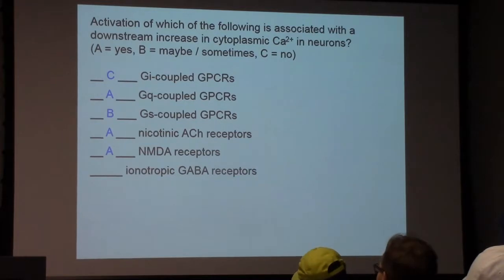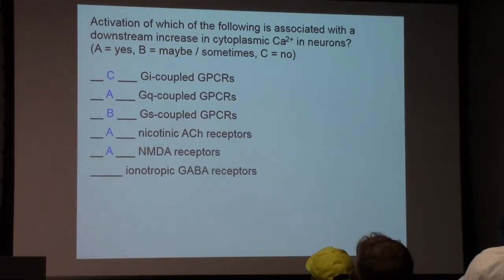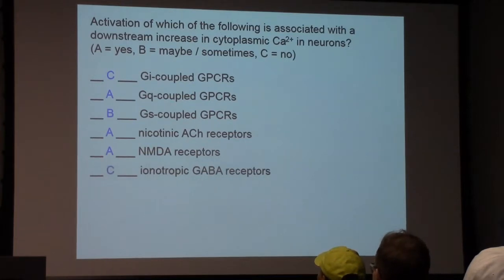What about ionotropic GABA receptors? Many of you are not showing me your answers. Does that mean you don't know, or are you just too sleepy? This one would be a no. What do ionotropic GABA receptors do? Chloride.